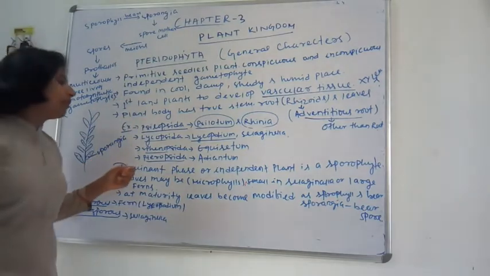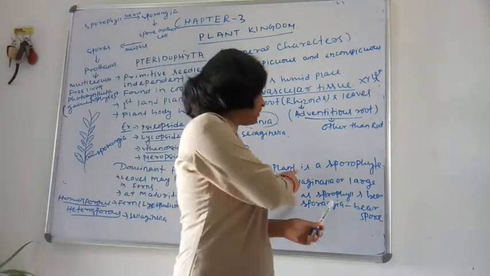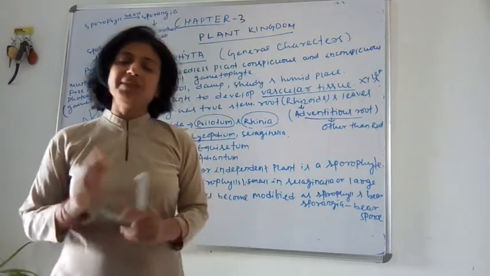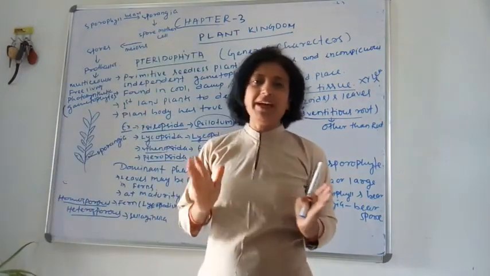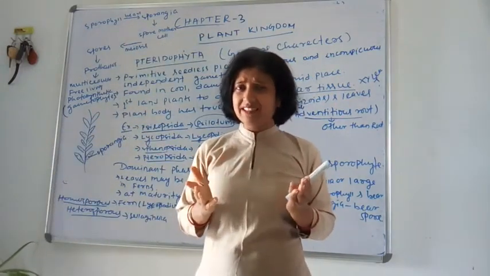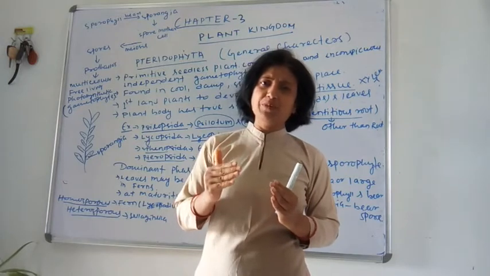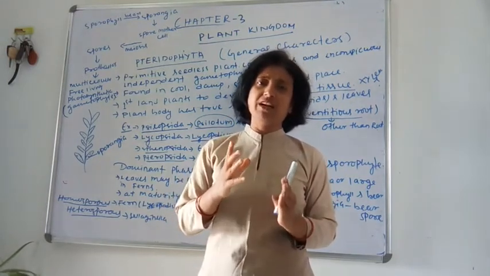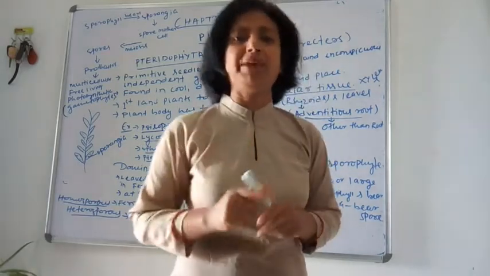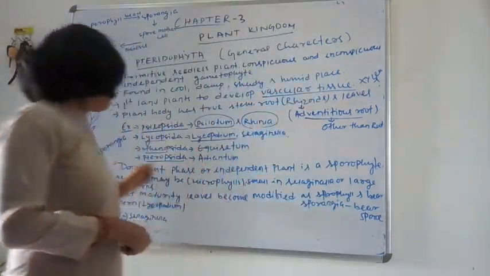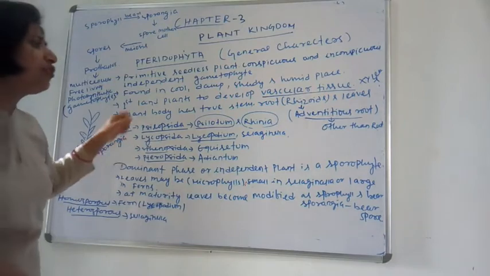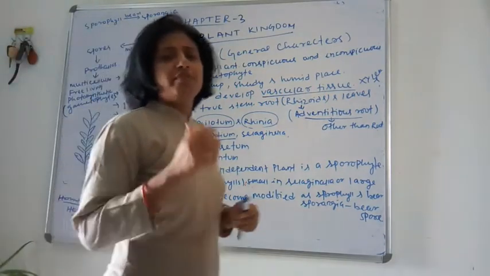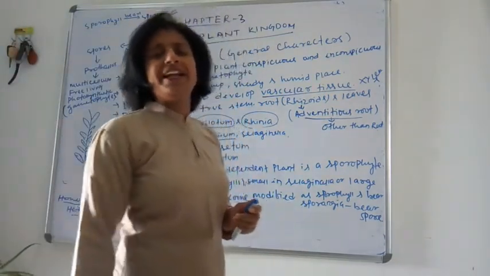Next, the dominant phase or independent plant is the sporophyte. In bryophytes and algae, the dominant phase is the gametophytic phase, meaning the organism spends the maximum time in the n phase. But the species of pteridophytes show the sporophytic phase.